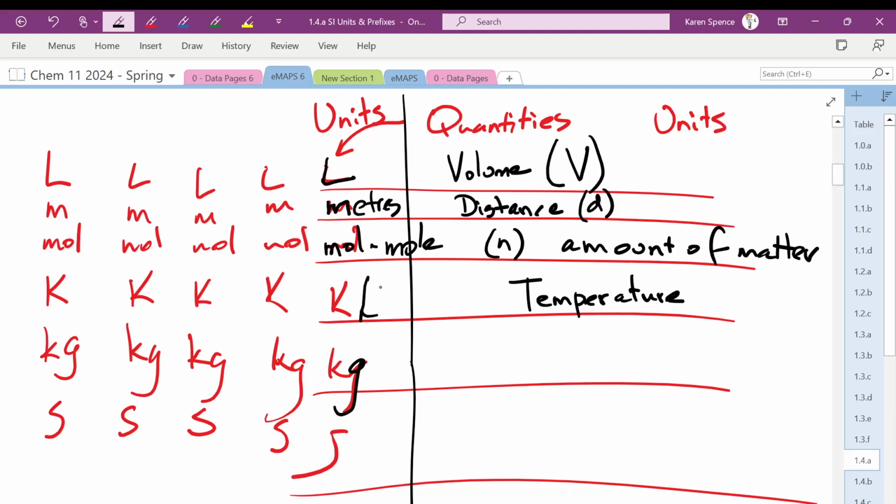Short for Kelvin. And you'll just have to excuse my pen. I make a line that's supposed to go like this, and it does whatever the heck this thing is. It just does it. So if you see that, it's not because I can't draw, it's because the pen does that, okay?